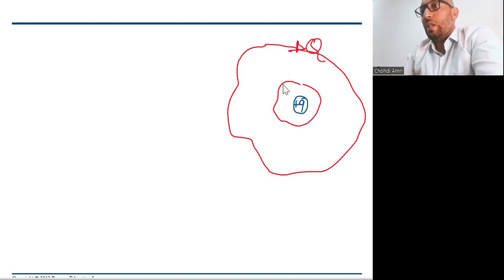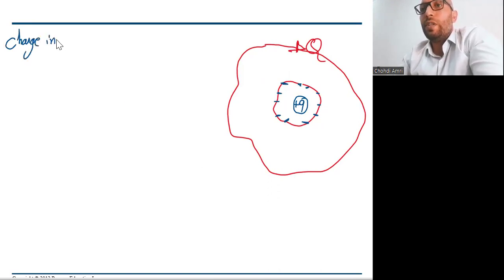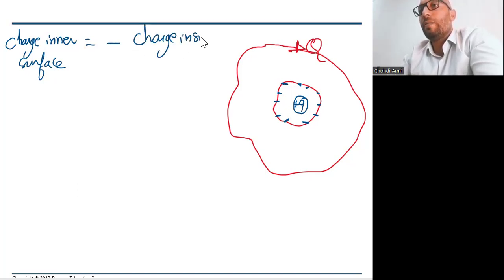There is an induced charge on the inner surface of the conductor, and the charge on the inner surface is minus the charge inside the cavity.